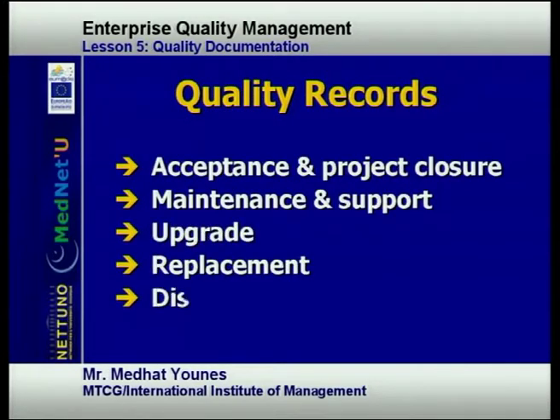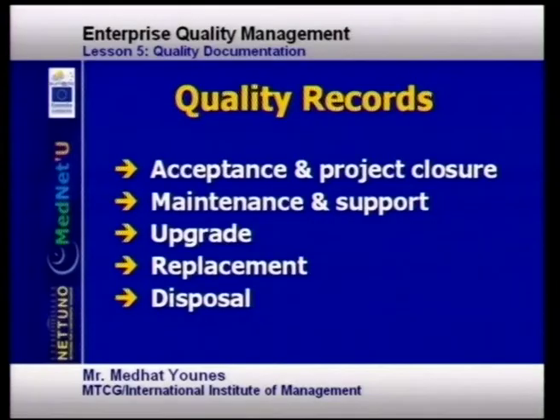Acceptance and project closure. At the end of each project, you should always have an acceptance signature from stakeholders, and it should be audited, of course, so you could pass the quality certification.